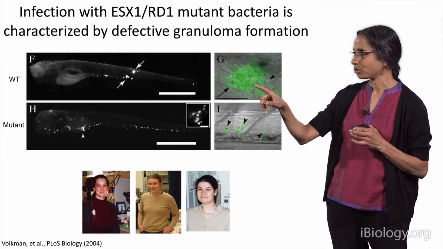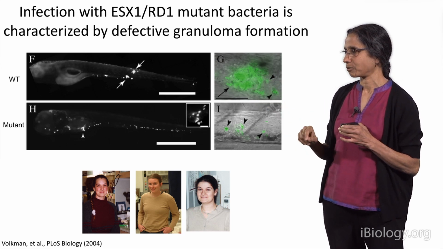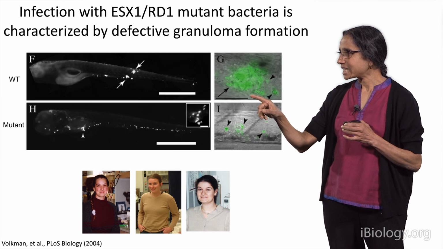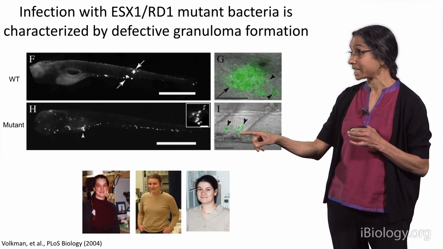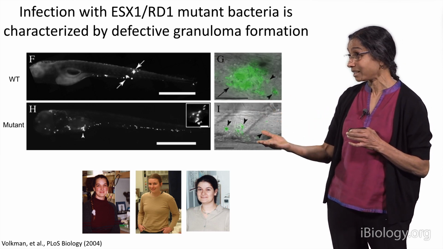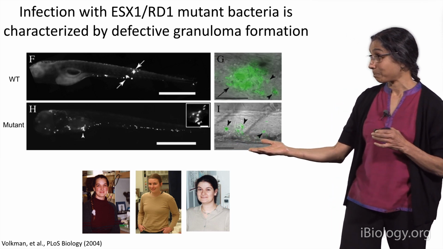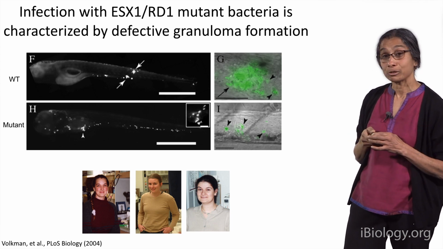And if you look at the close-up on the top right, you can see that a nice big granuloma has formed. But if you look at the mutant, what you can see is that even if you inject many, many more bacteria just to compensate so that you get as many bacteria as with the wild type, the macrophages pack up with the bacteria, as you see on that bottom right panel, but they don't form granulomas.